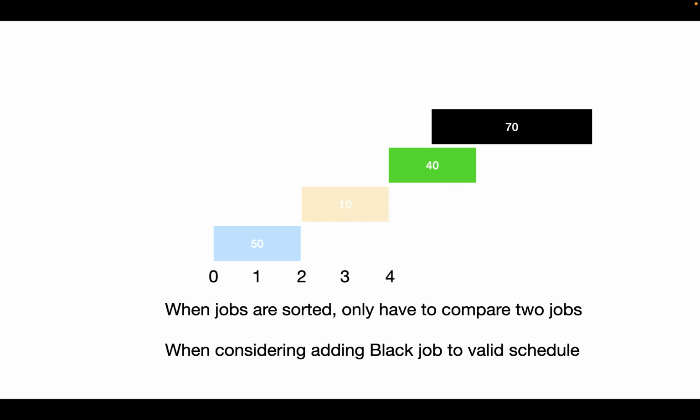If the green job and the black job here conflict, you can't add it into the set. If they didn't conflict, then you can add it into the set and you don't have to check all of the preceding jobs because you've already done that check before, one at a time, and because of the sorted order.